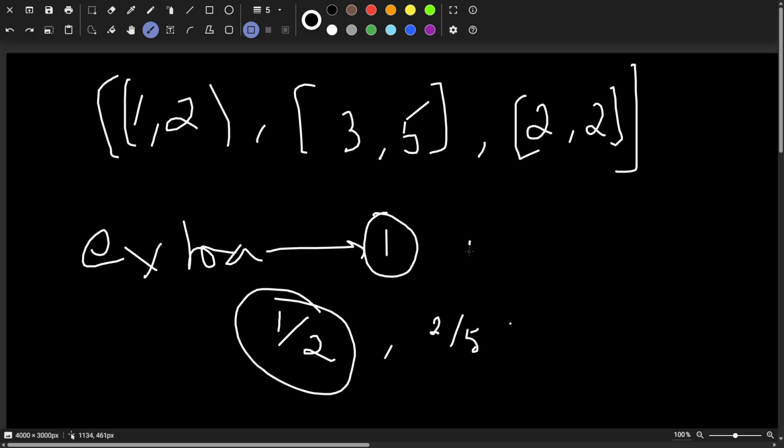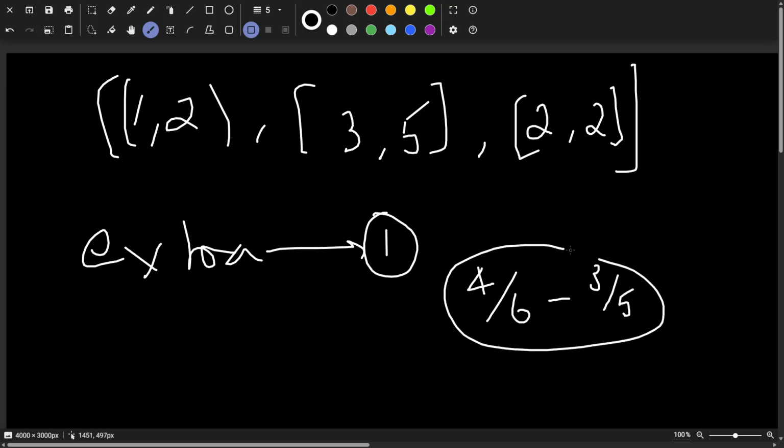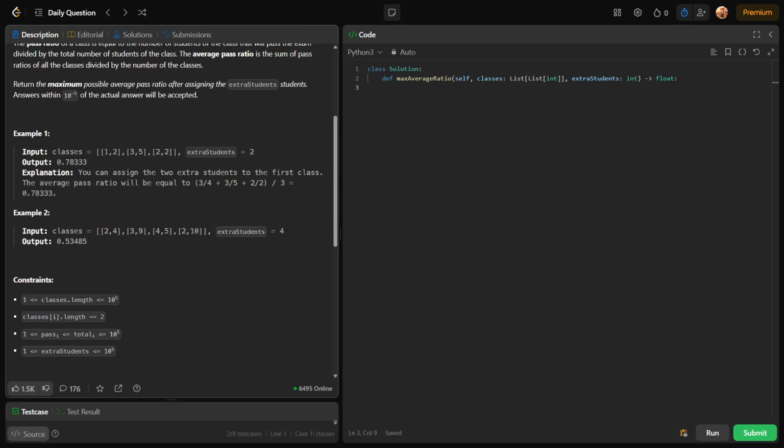So we need to maximize the difference in pass ratio. Basically if it's 3 by 5, it would be 4 divided by 6 minus 3 by 5, and this should be maximum. We choose the maximum and repeat, right?